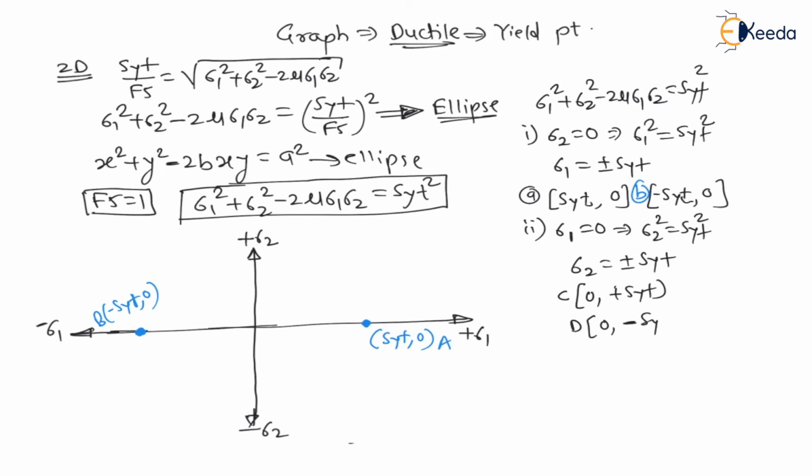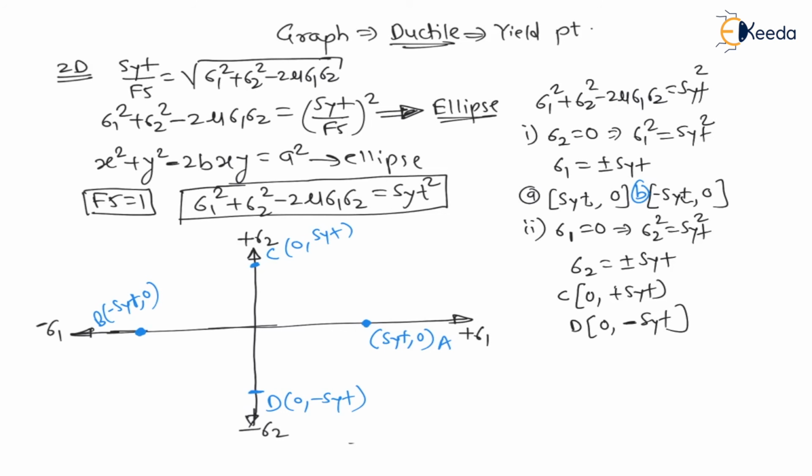Plot these points. Point C is 0 comma SYT, and point D is 0 comma minus SYT.